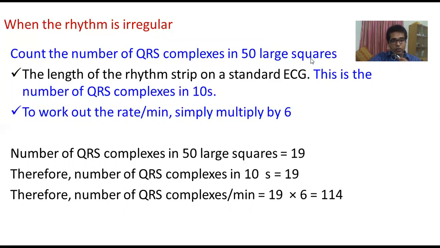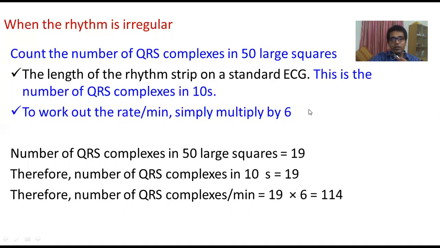The problem is when the rhythm is irregular. Then you have to count the number of QRS complexes in 50 large squares, the length of the rhythm strip on a standard ECG. This is the number of QRS complexes in 10 seconds. Okay. So if one large square is 0.2 second, 50 large squares means 10 seconds. So to work out the rate per minute, simply multiply by 6.